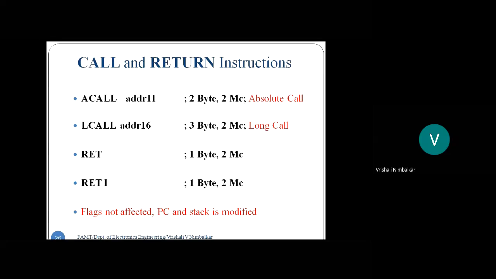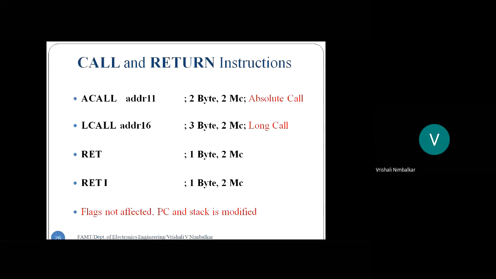Okay, students. And how does microcontroller execute that subroutine? It is with the help of the CALL instruction. So functions are called subroutines in assembly language programs, or also called service routines. Henceforth, we will use the term subroutine.